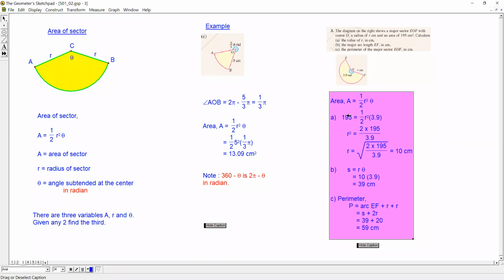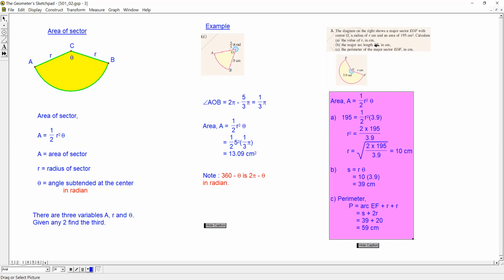The 2 bring over, 3.9 bring over, and R squared is this. Now, if you want to find R, you have to take the square root of everything. So the answer, R is 10 centimeter. The first part asks you to find R, so found already, 10 centimeter.